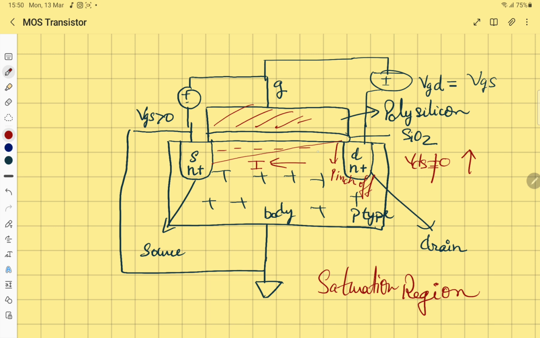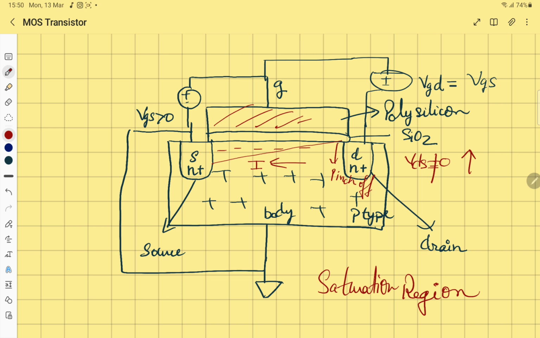So even though conduction might not be possible because the channel is not there, since electrons already have a drift because of the channel near the source, they will still flow towards the drain and the current is still flowing, but it will not increase if you keep on increasing VDS. So after a certain point the current saturates. This is the saturation region.